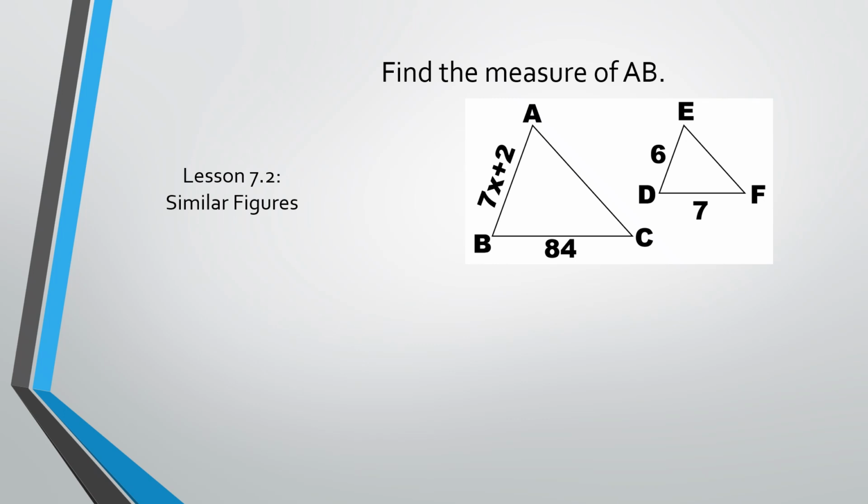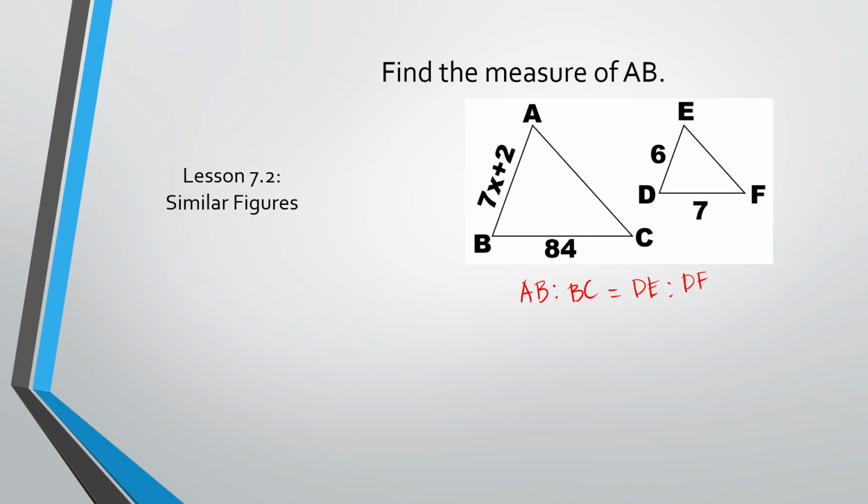So AB is to BC, or you can interchange, it's okay, but remember your corresponding sides. The corresponding side of AB is DE, and the corresponding side of BC is DF.